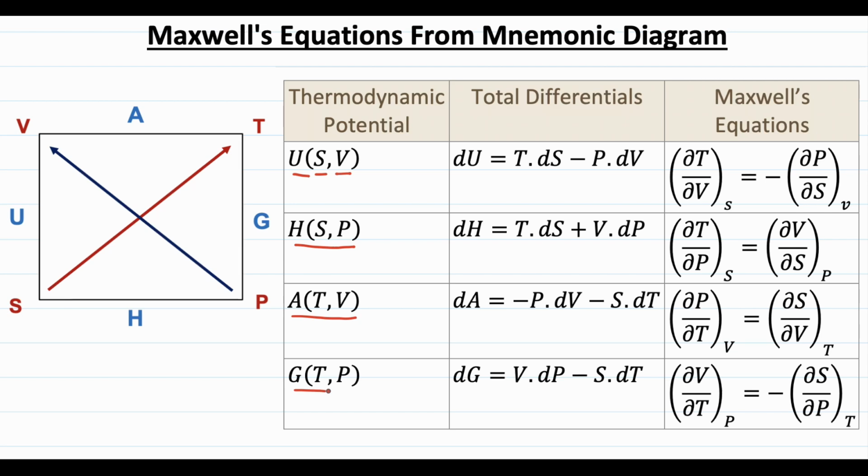And for Gibbs free energy, whose canonical variables are temperature and pressure, the total differential is dG is equal to VdP minus SdT. Maxwell's equation for Gibbs free energy goes like this: a slight variation in volume with respect to a slight variation in temperature at constant pressure is equal to minus slight variation in entropy with respect to slight variation in pressure at constant temperature.